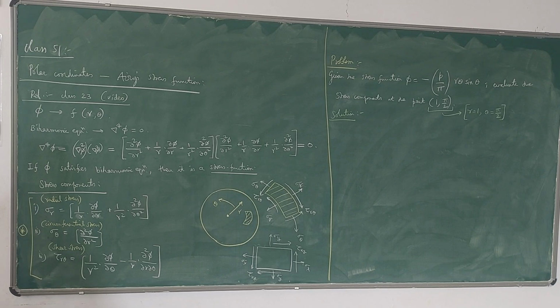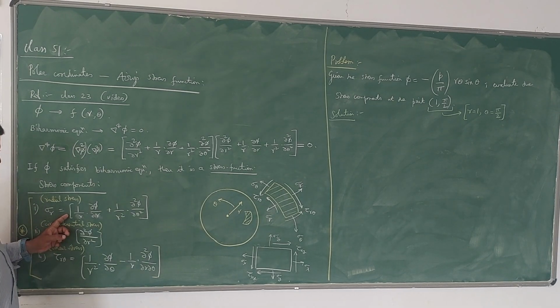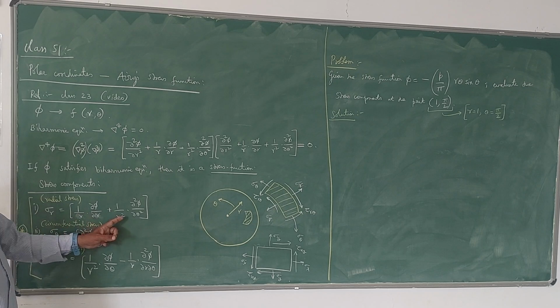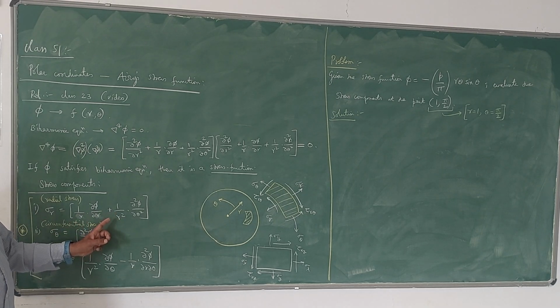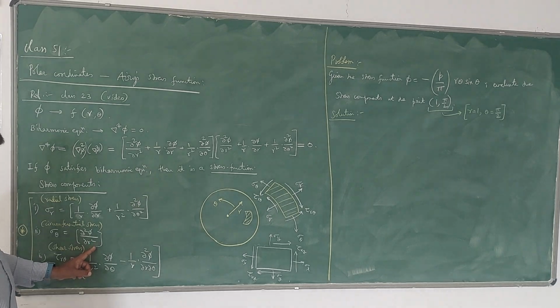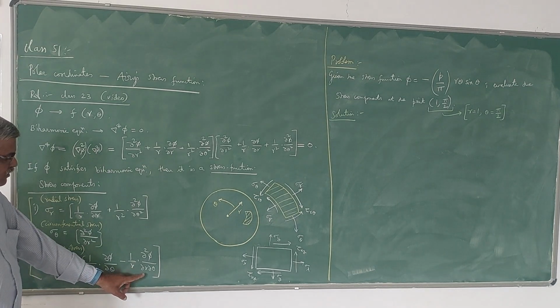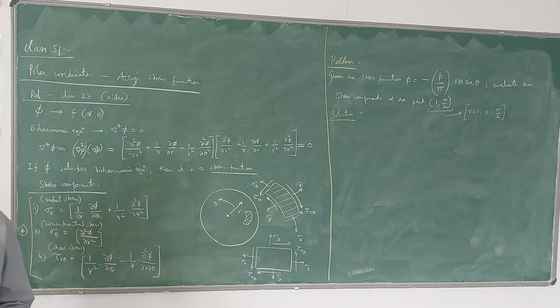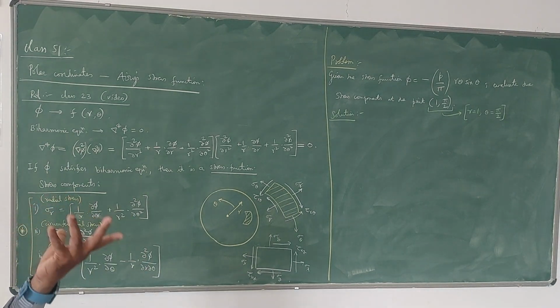Total how many derivatives do we need? How many derivatives are there here? First expression, 1, 2, here 3, 4, 5. Correct, 5 derivatives. You calculate those 5 derivatives and then substitute here, that's all.